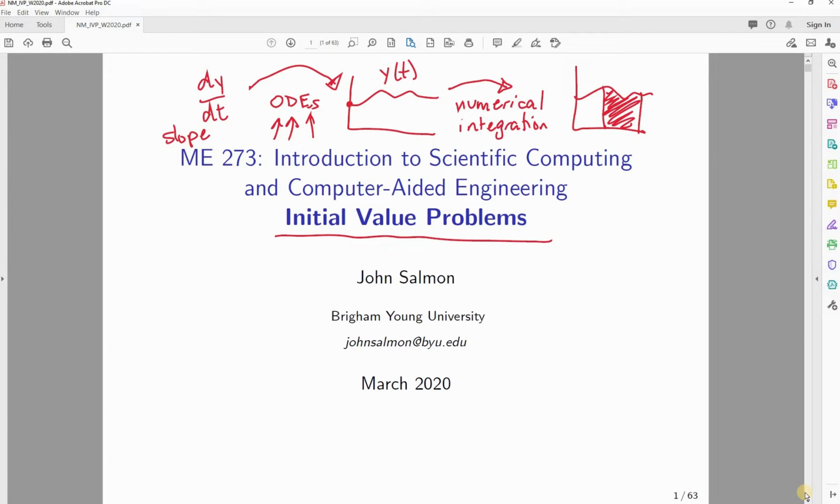We don't know anything right here, or right here, or right here, but we do know something about the slope over that entire function. And so as a result, we can extract out what this function is over time using some sort of ODE solver. Okay, and so this is a class of problems, ODEs, that allow us to solve for a function, a profile. So the solution to an ODE is going to be a function, a profile of y, whatever the variable of interest is, over time or over space or what have you.